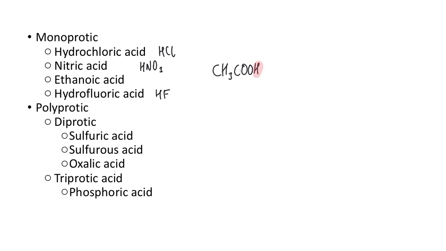It's this one here that falls off, and it becomes CH3COO minus, the ethanoate ion. So these other hydrogens do not make this a polyprotic acid. It's still a monoprotic acid because only one of them can fall off. Those hydrogens do not count.